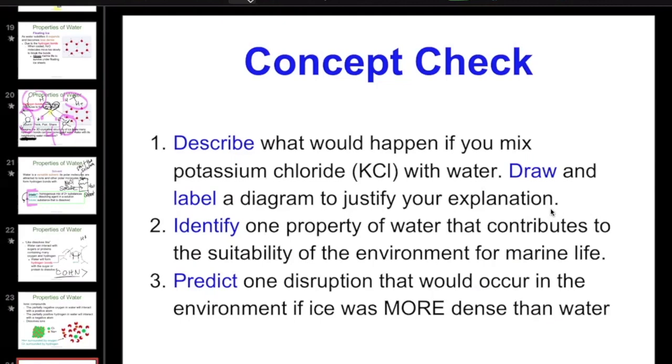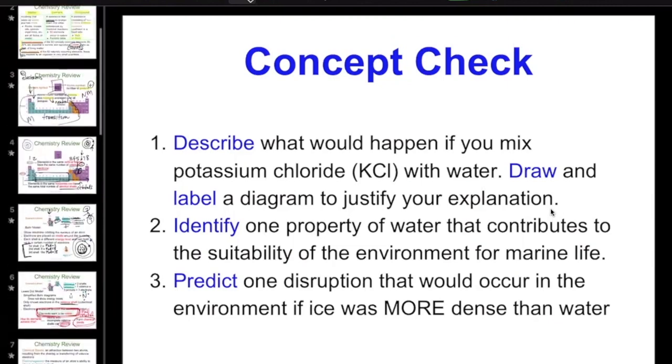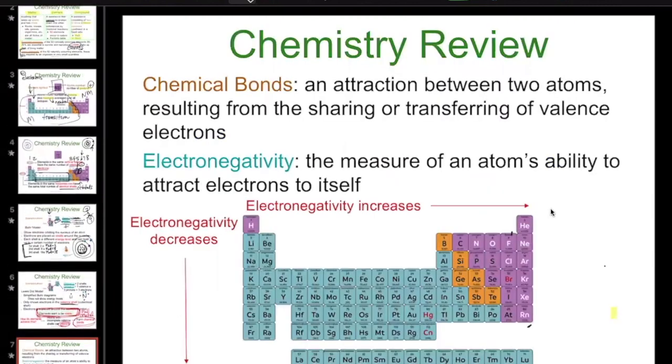Okay, so just to give you a little bit of chemistry background, if you look at a periodic table of elements, let's go back up here and see if we can find one. Okay, here's one. So it said potassium and chlorine. So what do you notice? Potassium's on the left side, so potassium is a metal, and chlorine's on the right side, so this is a nonmetal.